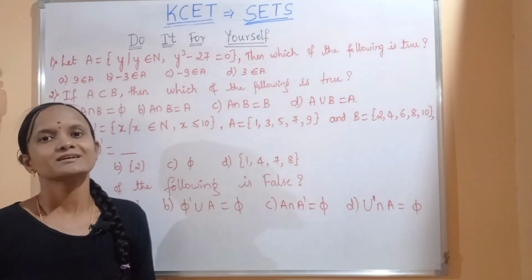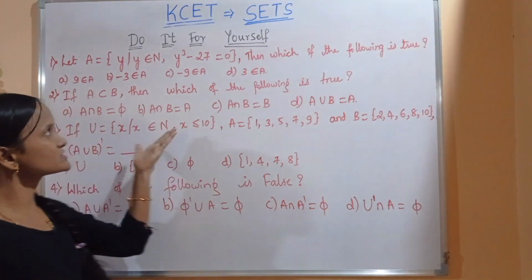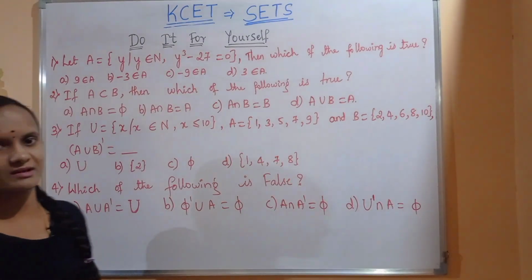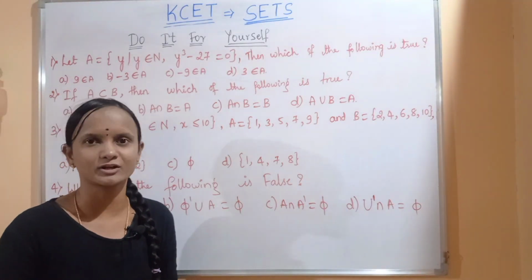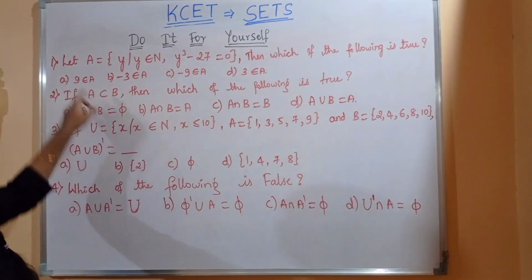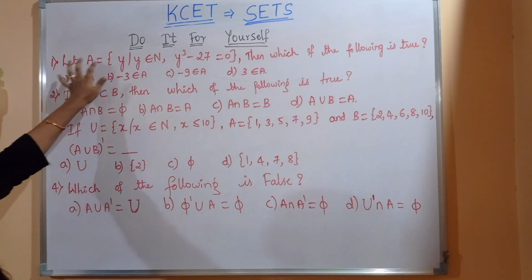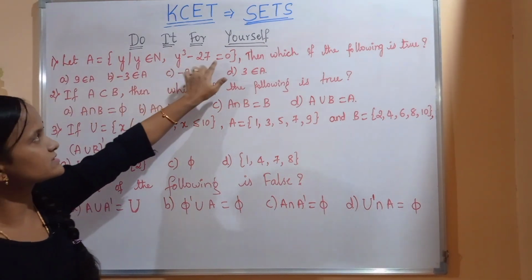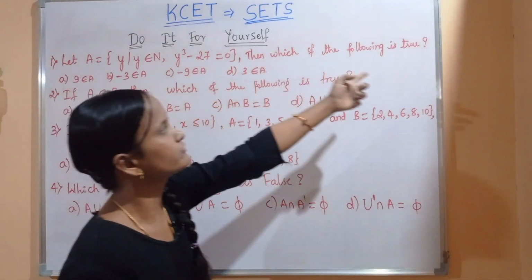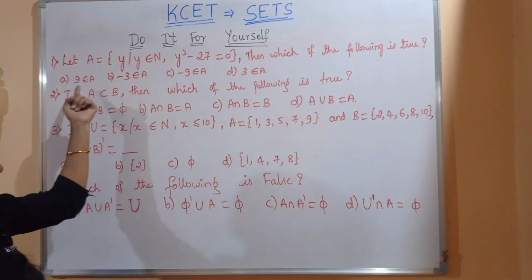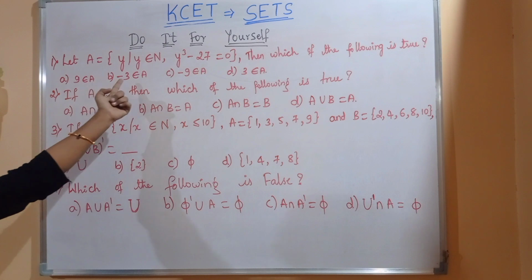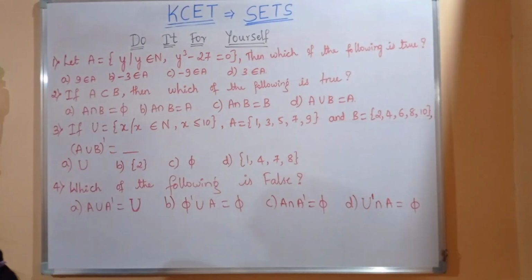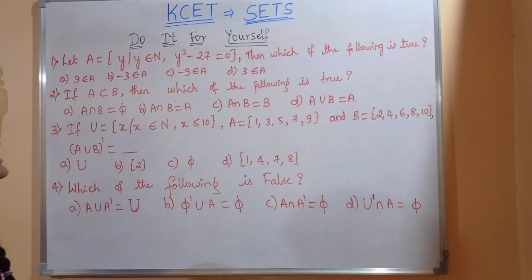Yes, students, in the previous class I gave you do-it-yourself work. So let us discuss now which are the correct options for that. First question: let A be equal to y such that y belongs to N, y cube minus 27 is equal to 0. Which of the following is true? The options are: 9 belongs to A, minus 3 belongs to A, minus 9 belongs to A, 3 belongs to A. We have to check which option is correct.